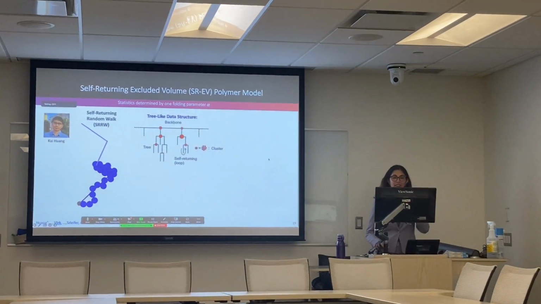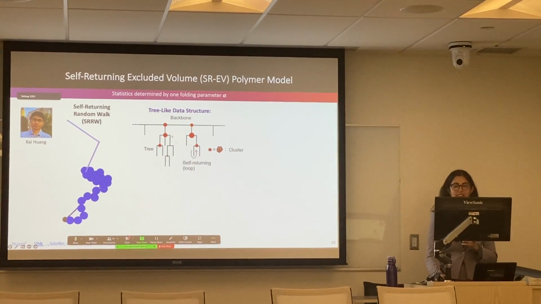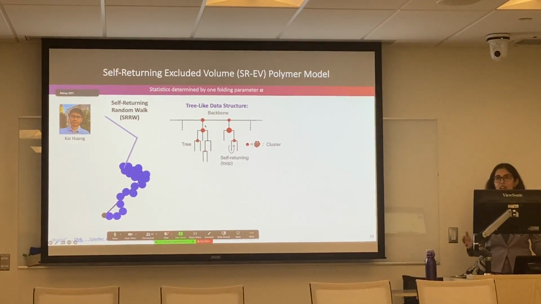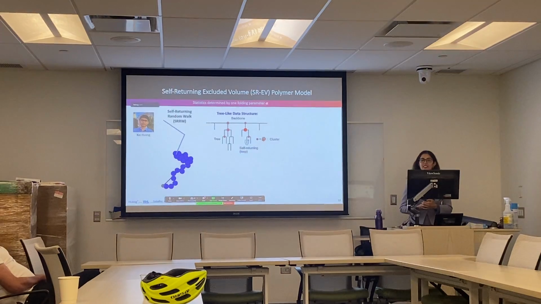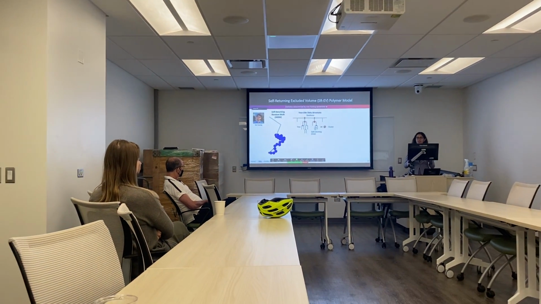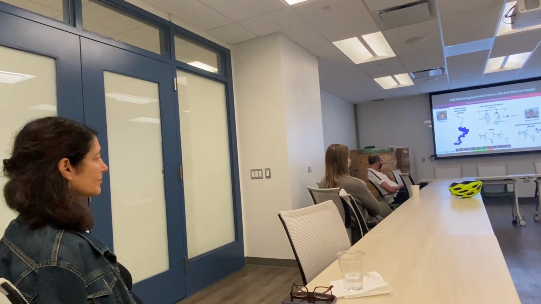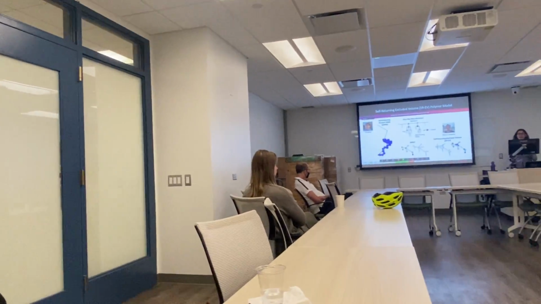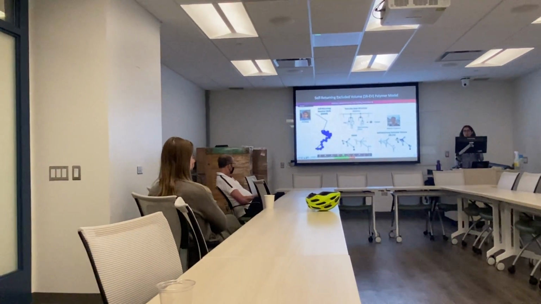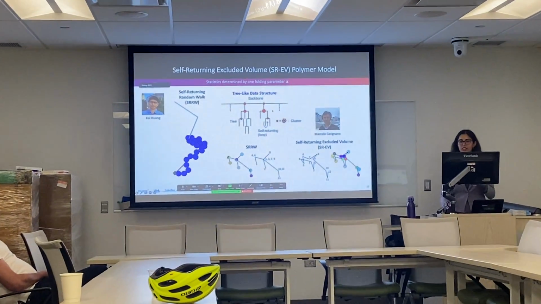In addition, the self-returning property allows a more hierarchical organization which obeys the scaling laws that we are able to observe experimentally. Overall, the self-returning random walk forms this tree-like data structure where you have these tree domains coming out of this overall open backbone structure. And the overall statistics are only determined by this one folding parameter alpha, which determines the overall organization of the tree domains versus the backbone structure.